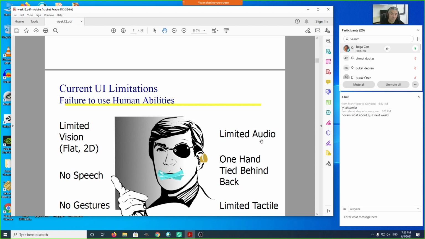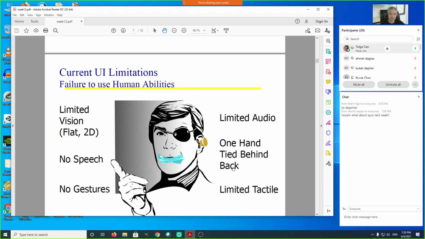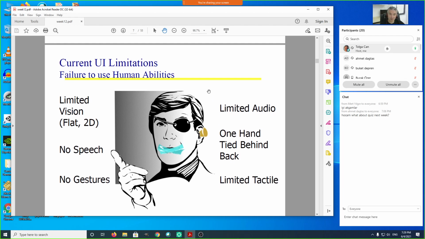There is limited audio. It's not three-dimensional, for example. It's like one hand tied behind the back, meaning we don't use our gestures a lot when we're interacting with the desktop. There is limited tactile, touch-based interaction. Gestures are not there. No speech. We don't interact with our desktop with speech most of the time, but these are possible.